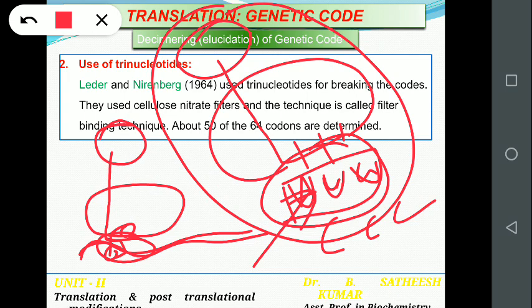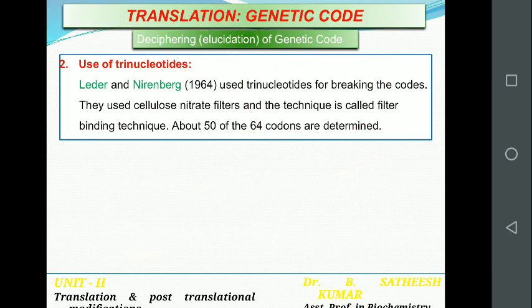So this is the ribosome binding assay. This is the configuration that appears during the translation process. You will have the ribosome, the specific trinucleotide sequence, and a specific tRNA that carries the corresponding amino acid. First, they used one specific nucleotide. Suppose A nucleotide.